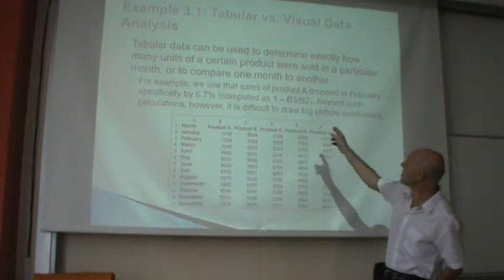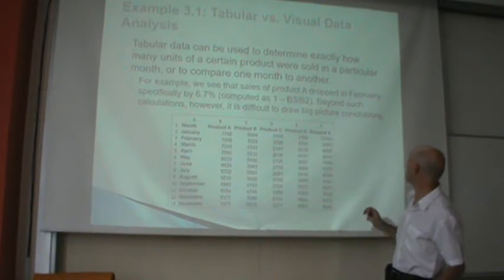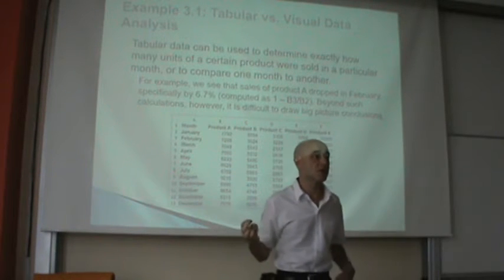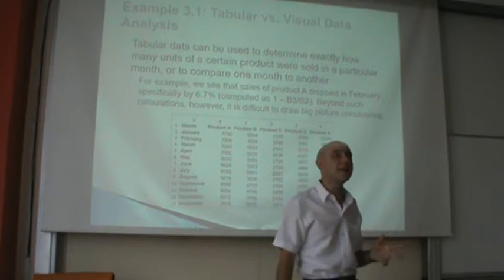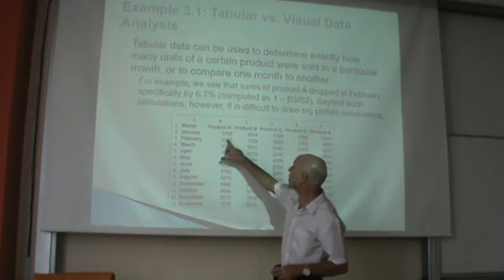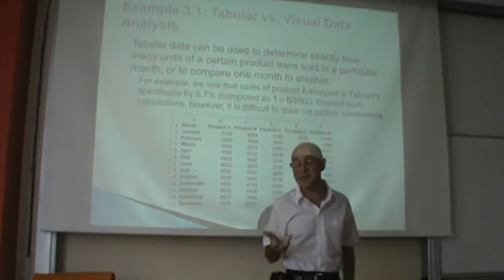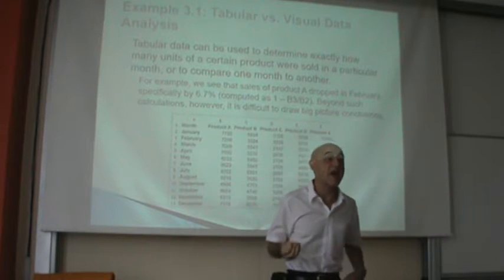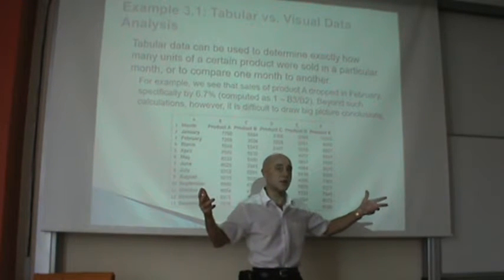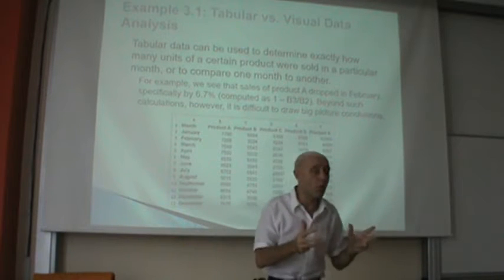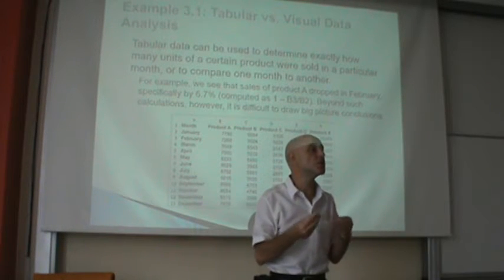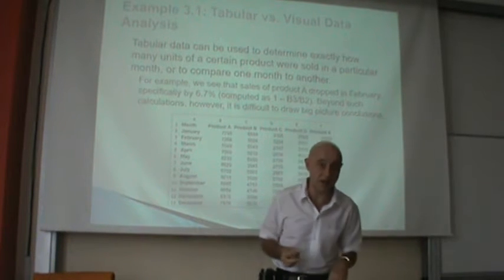So, beyond that, whatever, it's difficult to draw big picture conclusions. In other words, you look at the data, you see, well, it dropped here, but you can't see a lot more than that. Sometimes it's difficult. And the more data you have, the more difficult it is to see the detail or the meaning.